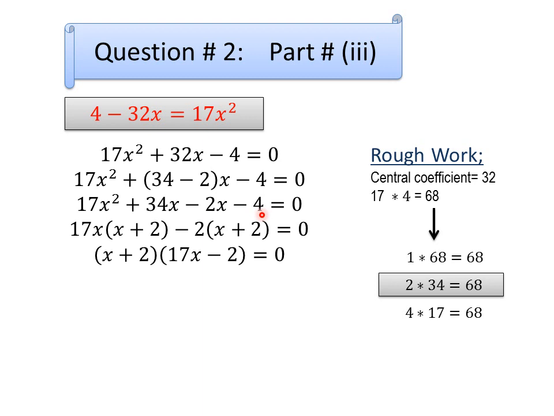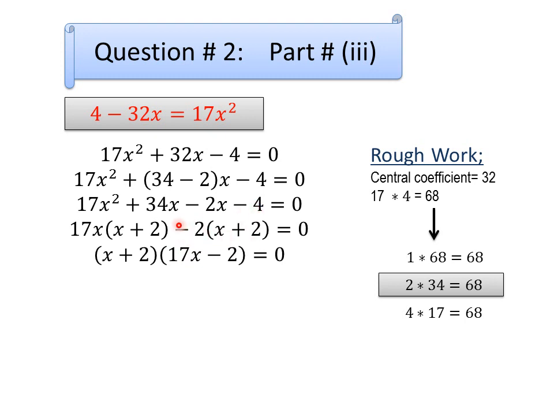2 and 4, obviously 4 is a multiple of 2, so I will take 2 as the common factor. Then x, as you can see here that minus is taken as common, so this sign would be changed to plus, because if you open minus 2 and multiply it with x plus 2, minus 2 into x would be minus 2x, and minus 2 into plus 2 would be minus 4.